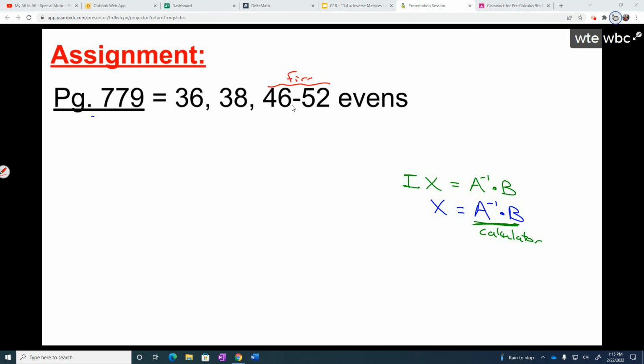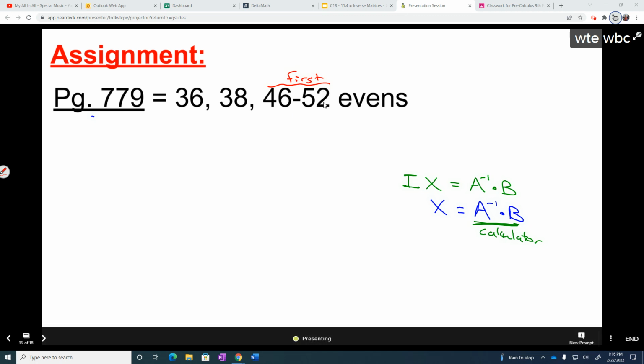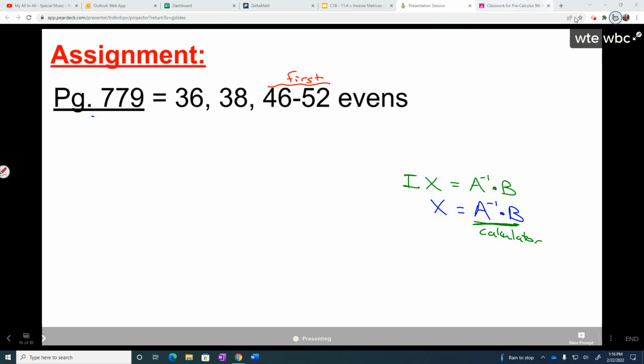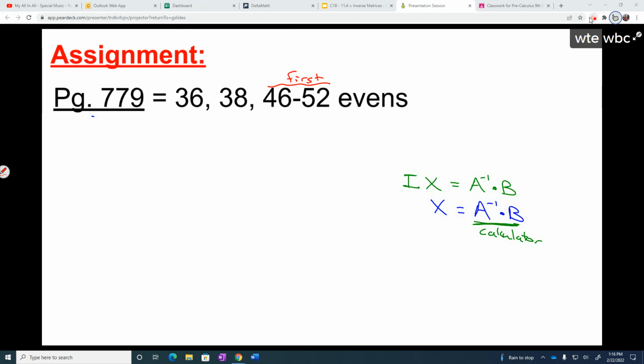Do those first, because you need the graphing calculator for those ones. And then do 36 and 38, which are just a couple of 2 by 2 inverses. But again, you should have plenty of time to get it all completed and turned in. And then this pretty much finishes up what we're going to do, and so we'll start reviewing for the chapter test.